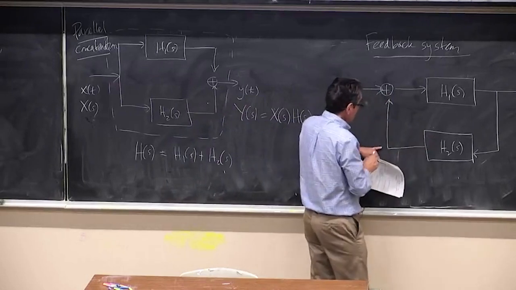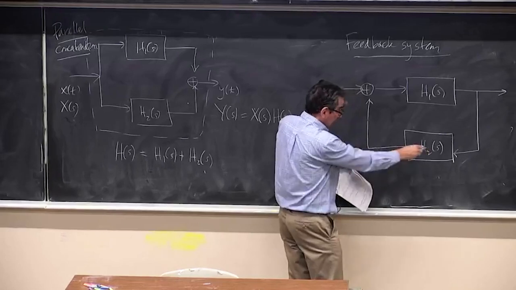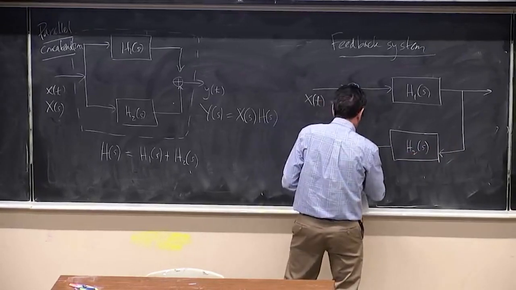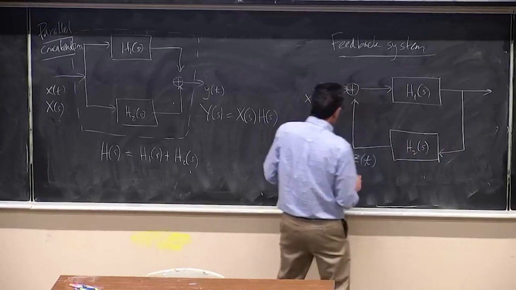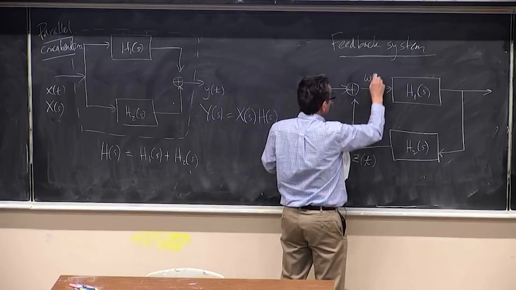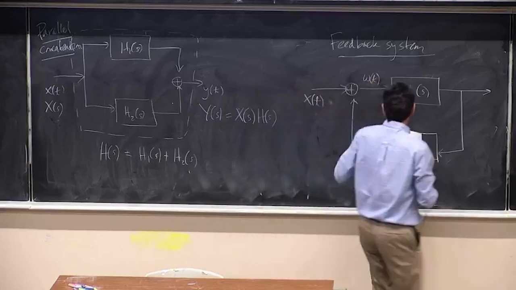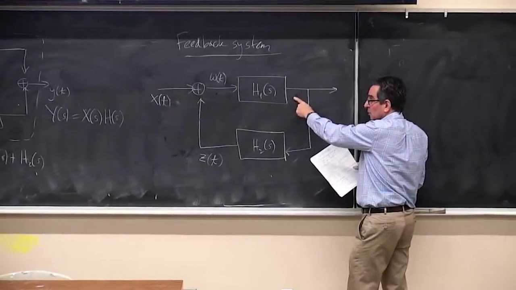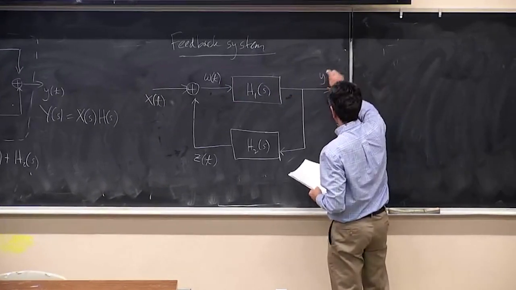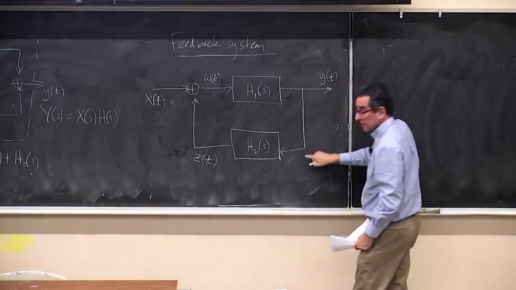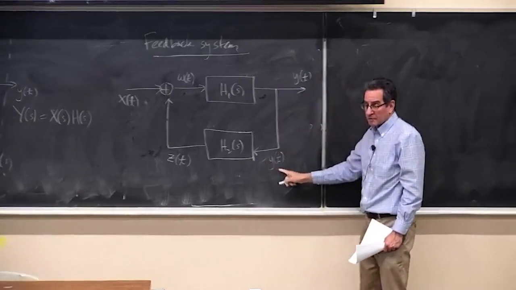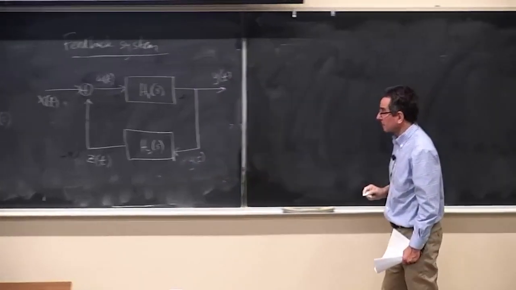Let me call the output of the system at the feedback loop z(t). And let me call the signal that you get by adding x to z w(t). That w(t) gets fed into this system 1, H1(s), to produce the output, y(t). Notice that it's y(t) that's fed back. So the input to that second system is actually y(t). It's the output fed back.